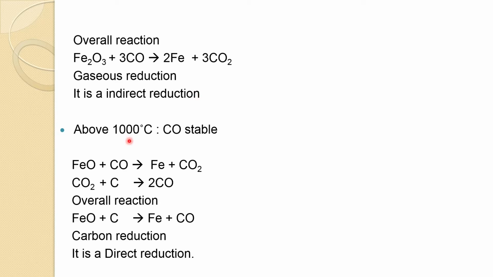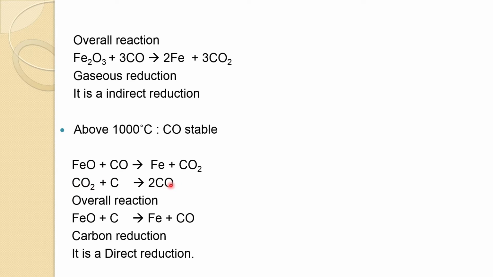But above 1000 degrees Celsius CO is stable, and this CO reduces FeO into iron, and it gasifies the carbon, the carbon gasification or Boudouard reaction, which we discussed before.